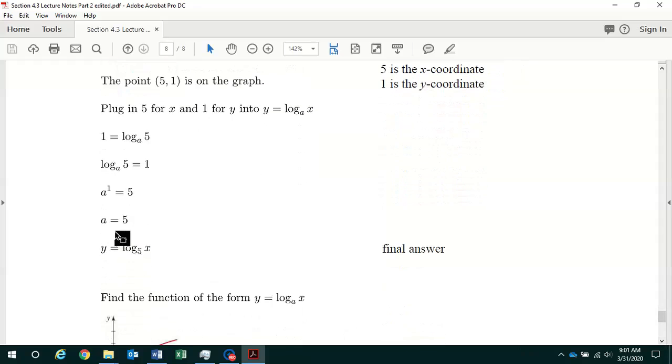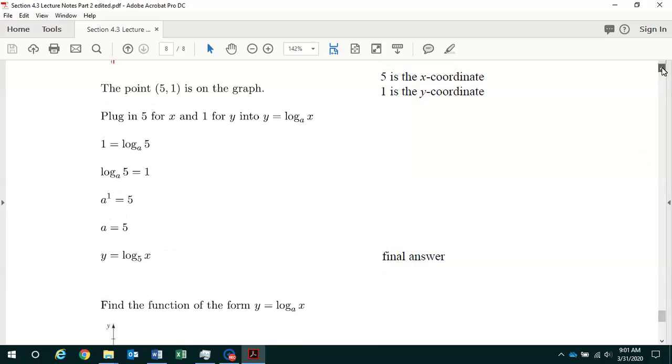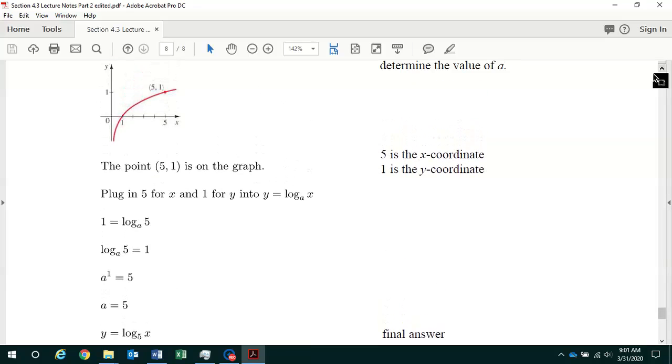So we have a is equal to 5, and now we plug in 5 for a up here, and our final answer is y is equal to log base 5 of x. So this graph up here at the top of the page is the graph of the equation y equals log base 5 of x, and this is our final answer.